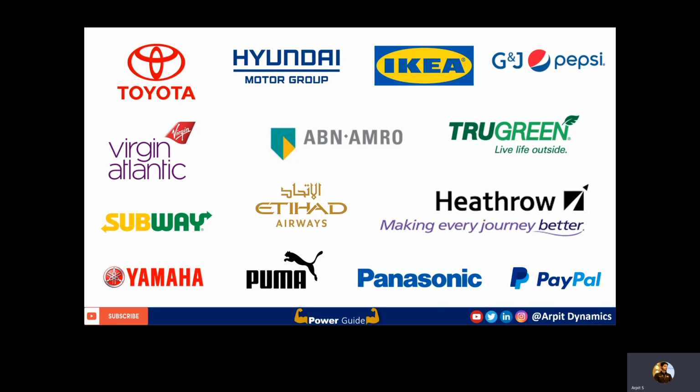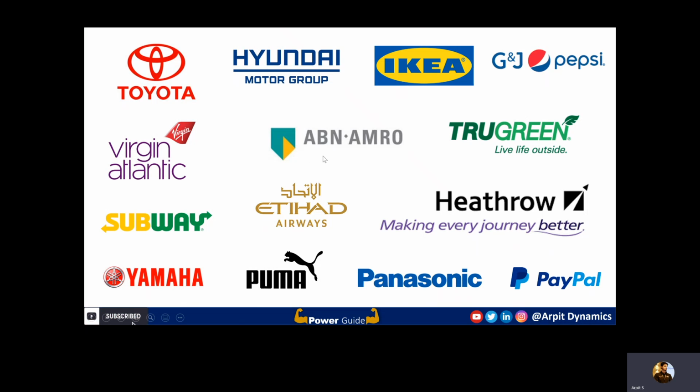The idea is that it's not only a specific sector or domain of users that are using Power Apps. If you talk about the retail sector, IKEA is one of the largest retail organizations in Europe, so they are also using Power Apps.